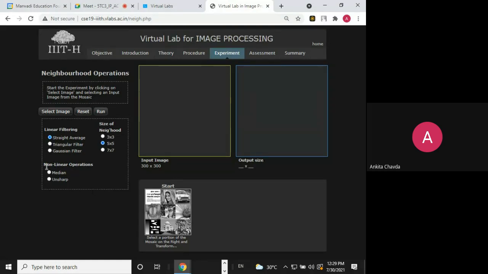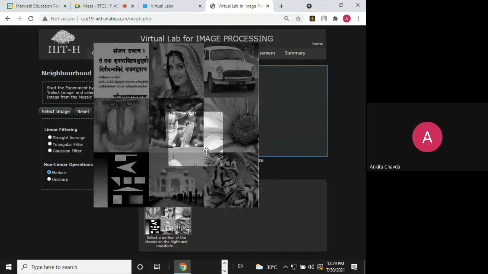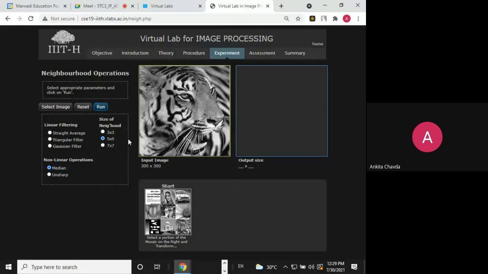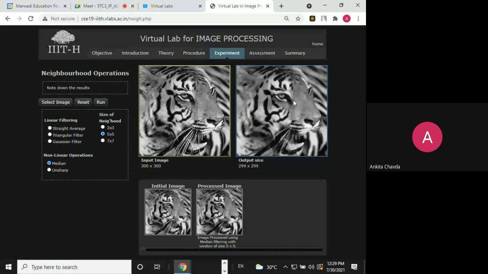Here these two are again non-linear operations, non-linear filters, right? In the median, if somewhere I have white and black dots, they will be removed. Better we take this image. If we apply the median, we'll run it, and you will see that whatever dots are there are removed.